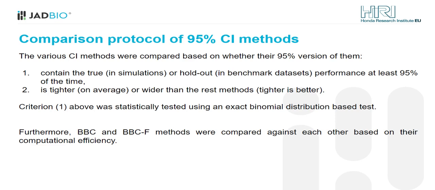As I mentioned before, the various confidence interval methods were compared based on whether the 95% version of them contained the true performance, in simulation, or the holdout performance in benchmark datasets, at least 95% of the time, which is a requirement to consider the confidence interval legitimate, and whether each method is tighter on average or wider than the rest of the methods, where a tighter confidence interval is always considered to be better.